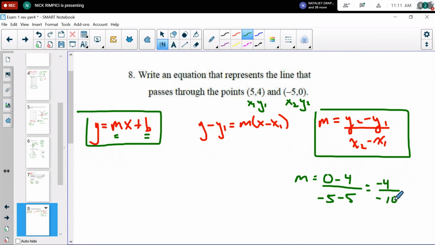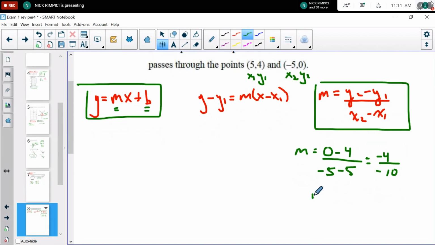And I don't like having a negative over a negative like this, so I know that whenever I have a negative over a negative, it's a positive. So m equals positive 4/10. And you can leave it like this, or if you want, you can reduce it. I think 2 fits into both of these. 2 could go into 4 twice, and 2 could go into 10 5 times.